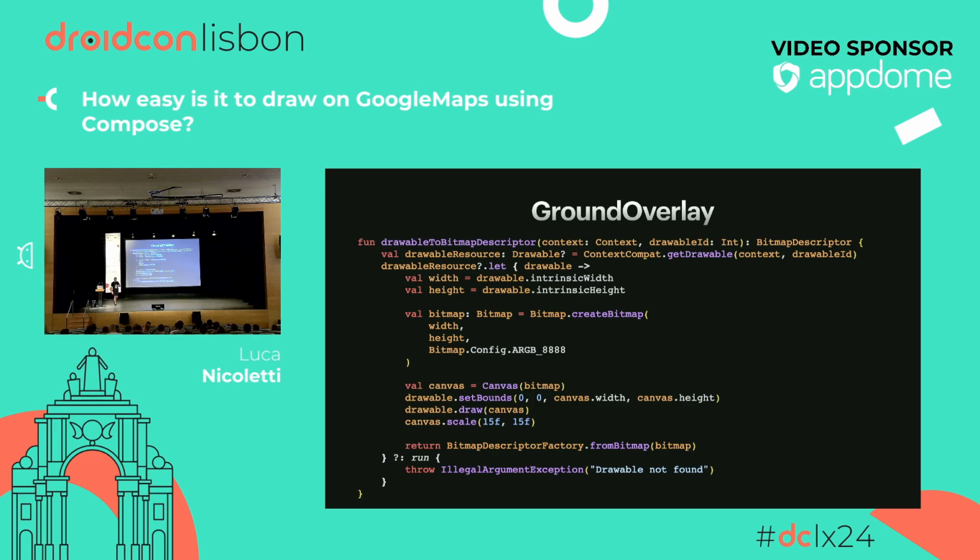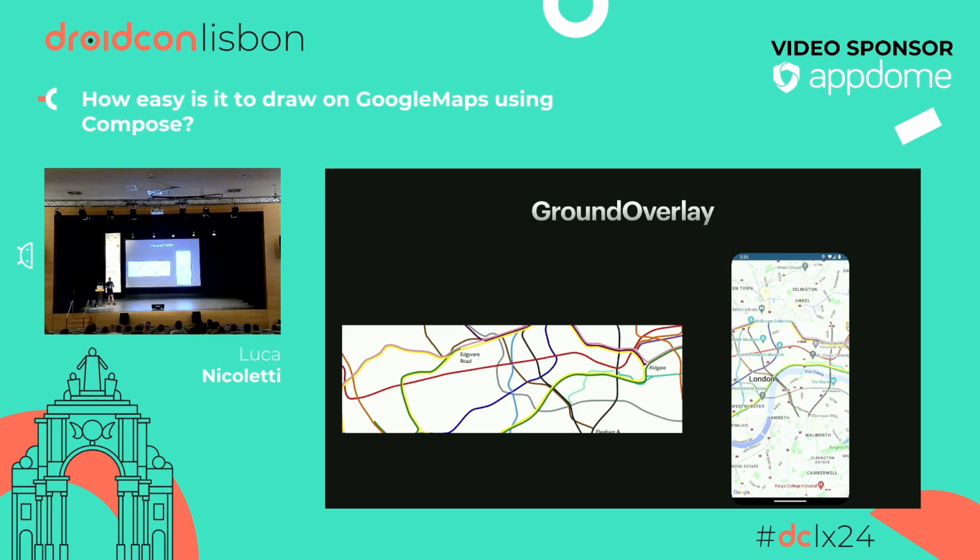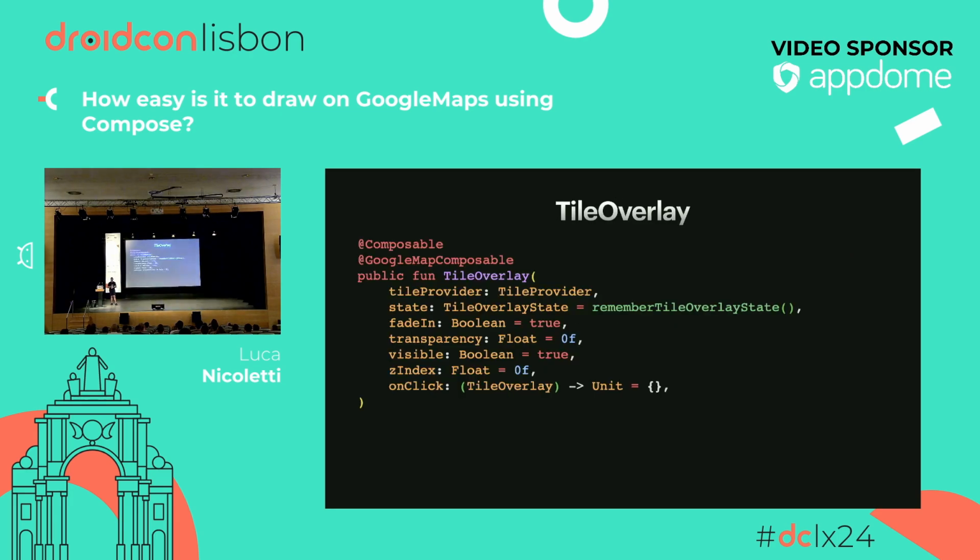The hardest thing with ground overlay is getting the correct point where the image needs to be drawn. Usually, you have this data already. If you're just trying it yourself, it might be a little bit hard to get the point correctly. But as soon as you have an image, you can overlay it on the map itself.